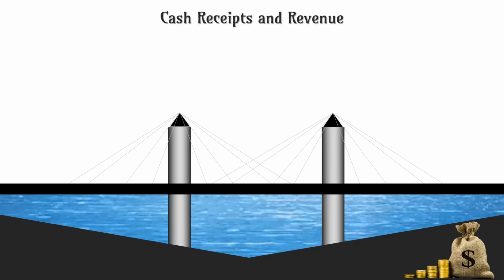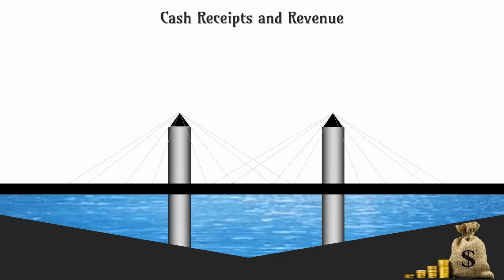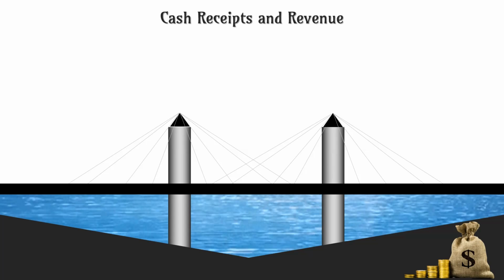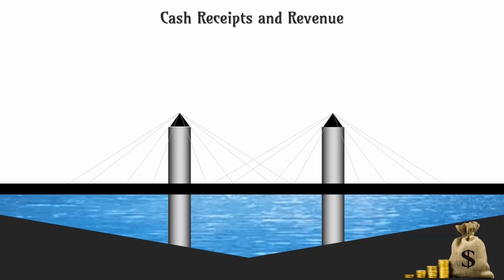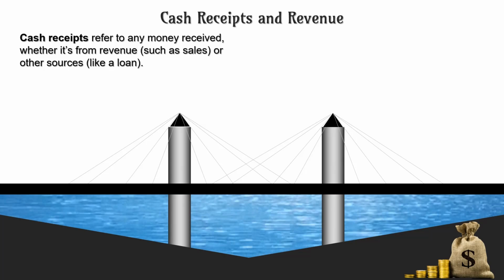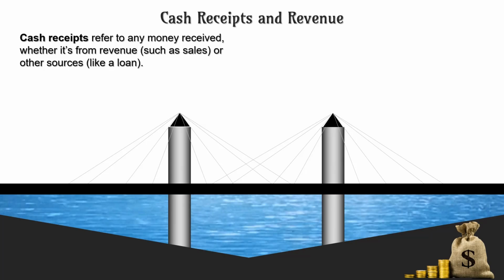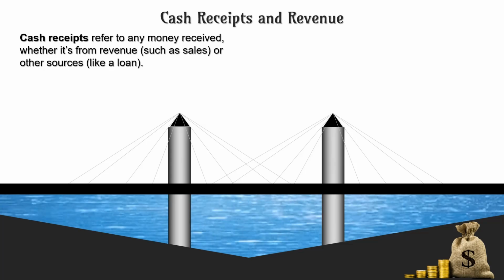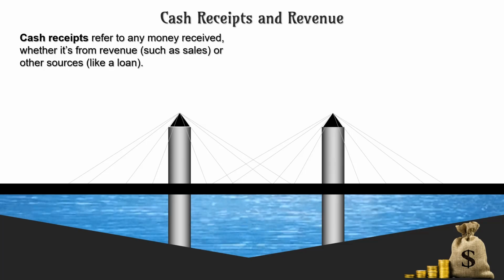It's critical to distinguish between cash receipts and revenue, as only revenue contributes to increasing capital. Cash receipts refer to any money received, whether it's from revenue such as sales or other sources like a loan.